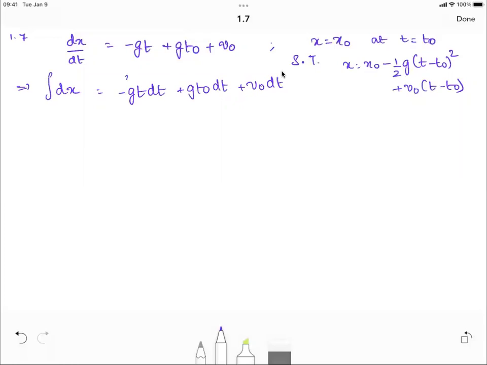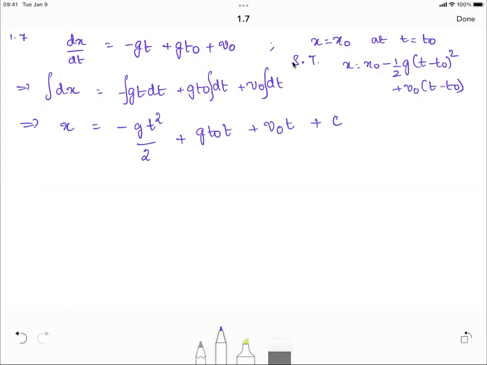I'm going to integrate it and we will get x equals negative g, integral of t dt would be t squared over 2, plus g t0, integral of dt is going to give me t, and this, plus a constant of integration.